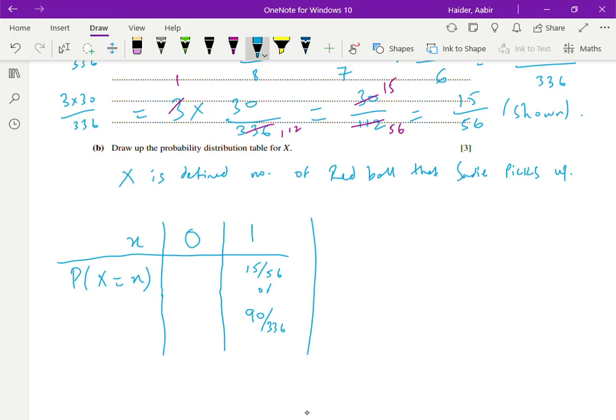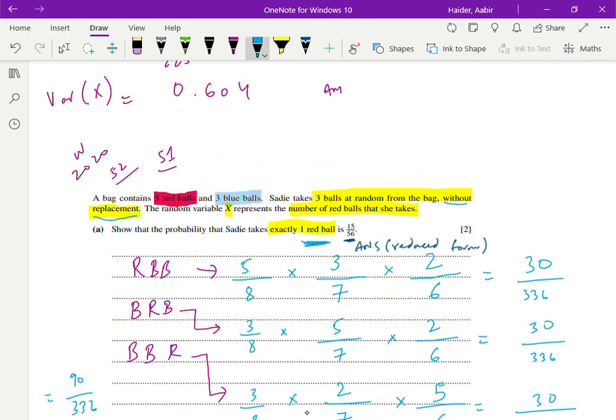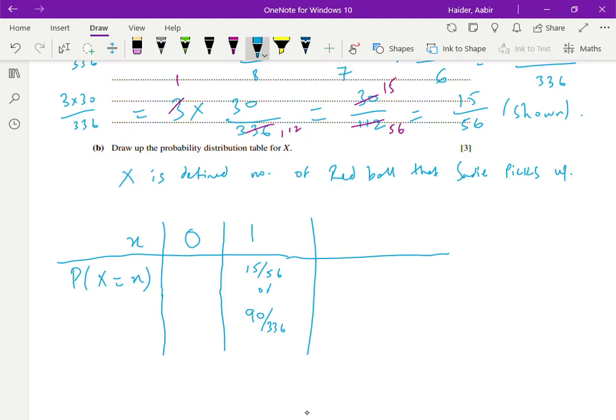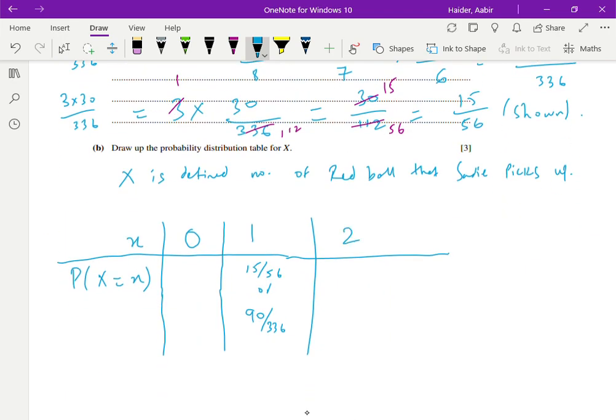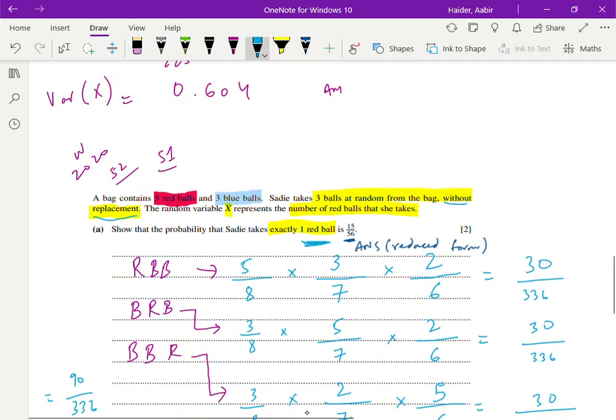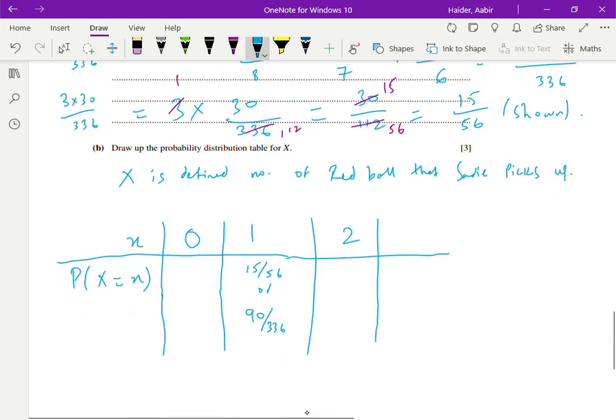Okay, two reds can also appear, because we have 3 experiments and we have sufficient number of red balls, and obviously we can also have all the reds, that is 3 reds.